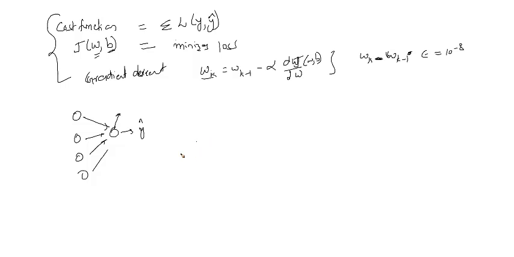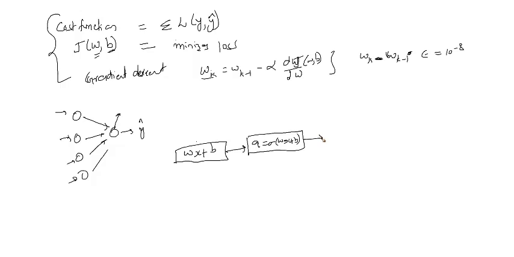You're multiplying each of these variables x1, x2, x3, x4 by weights, and then you're applying a function, the sigmoid function, which is the activation function, sigma of wx plus b, and then you're generating y hat, and then generating the loss of y comma y hat.